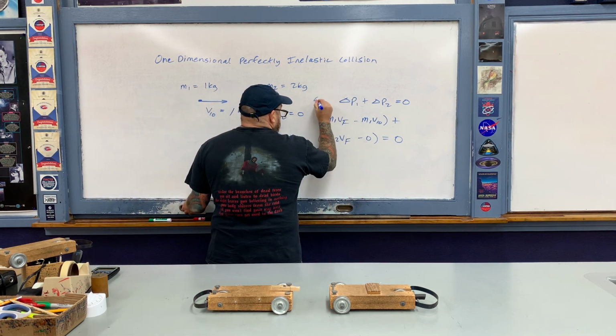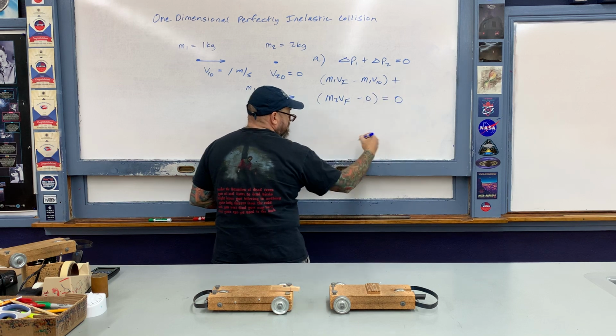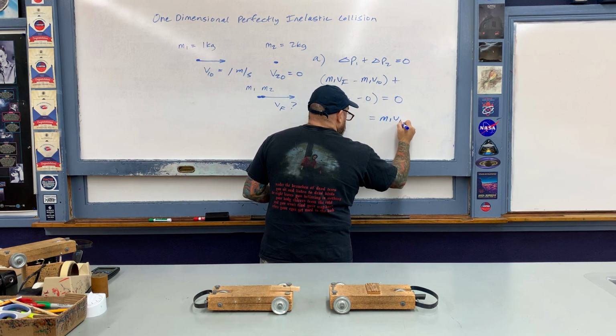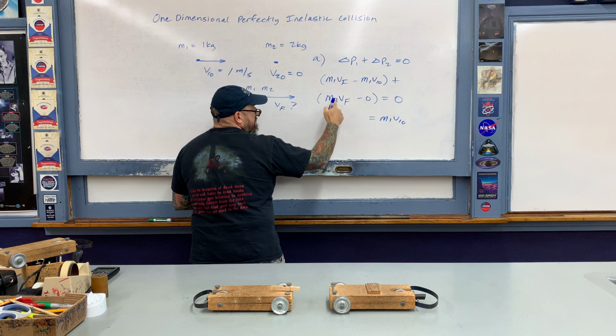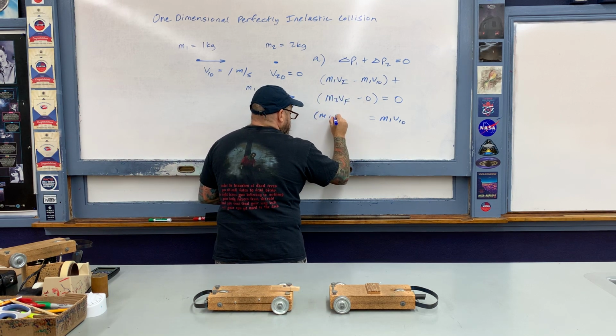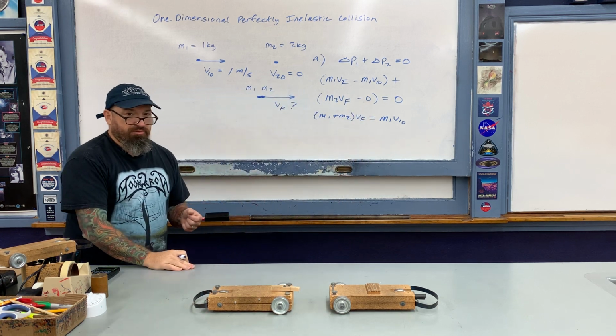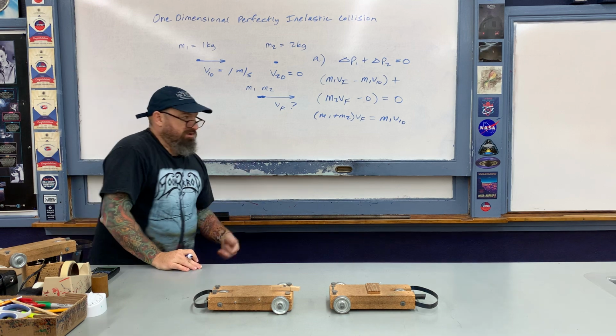So to solve for V final, what I'm going to do is I'm going to take the M1 V1 naught and move it to the other side, like so. And then if you add these two terms together, where the V final is common to both, I can then do a little bit of factoring here as I go, and I end up with this expression here. Here's what this expression says.